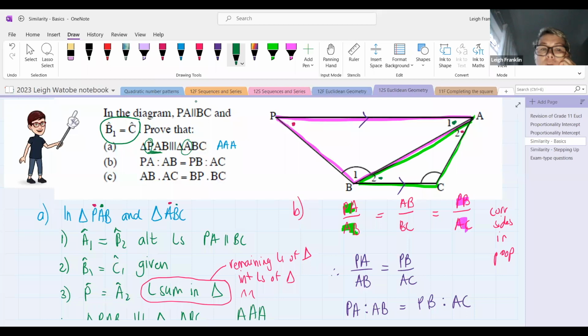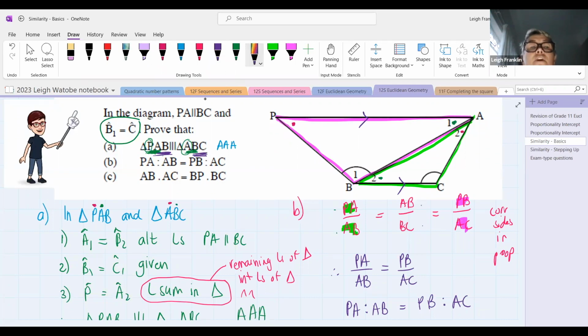The order in which it's given to you is important because the first two letters here correspond with the first two letters over there. They are corresponding sides. That's why I've written PA over AB. And then the second two letters over here, AB, correspond with those letters over there, BC. So that's why I've written AB over BC.